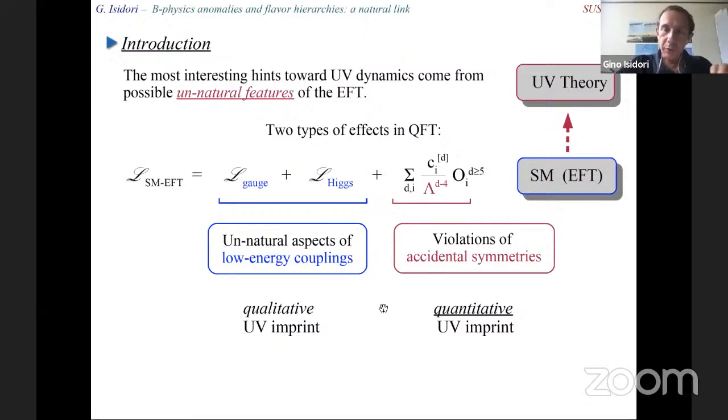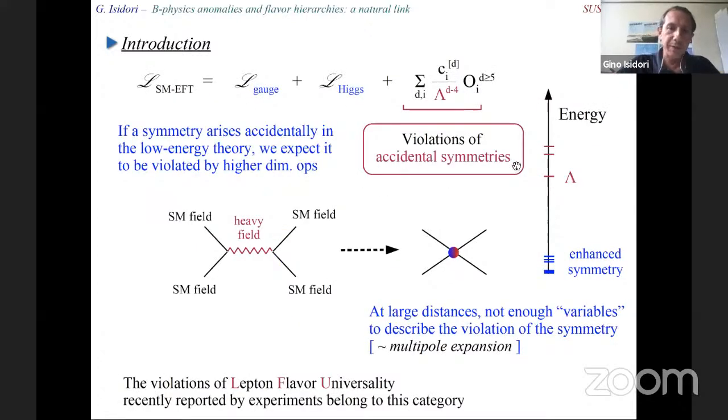But we should not forget that even if you look closely at the structure of the dimension 4 Lagrangian, the unnatural aspects of the standard model couplings are also a very important indication, a guiding principle toward the UV completion. This, of course, is more qualitative, but still very important. Let me be more specific on what I mean here. Violation of accidental symmetry, I guess, is something very familiar to all of you.